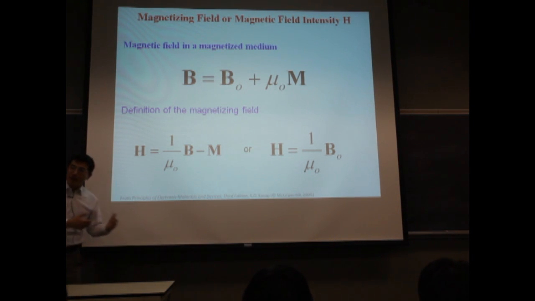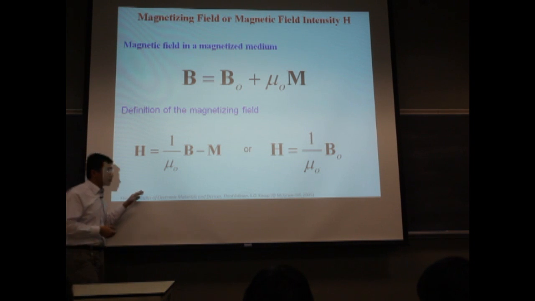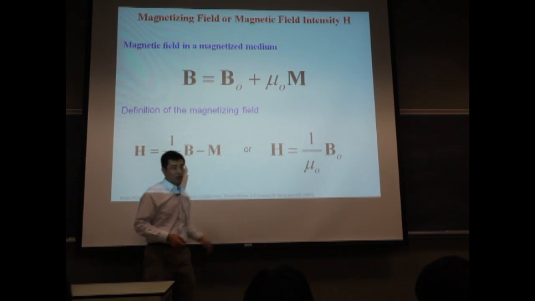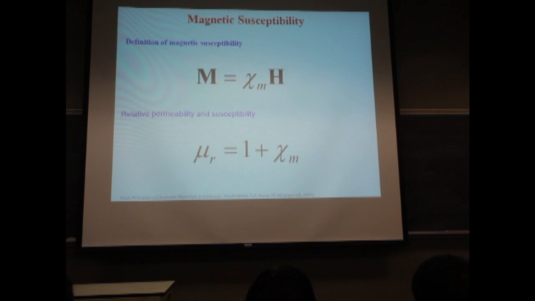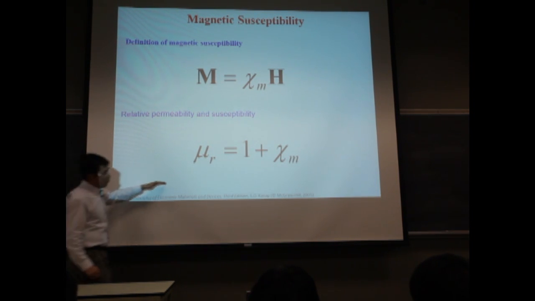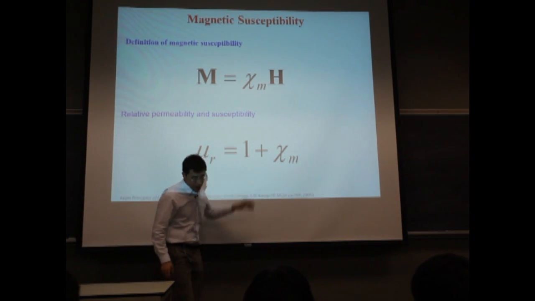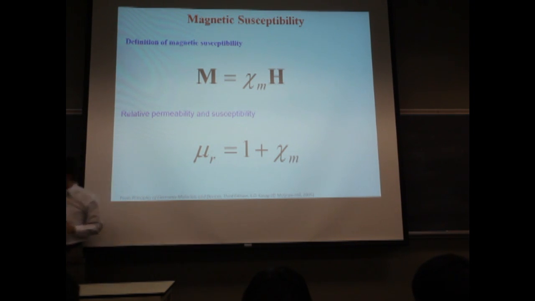In order to measure the magnetization of material, we introduce a term called relative permeability, which is a function of the magnetic susceptibility. So the relative permeability is 1 plus the susceptibility of the magnetic material. The magnetization is solely due to the external magnetic field intensity H times this susceptibility.